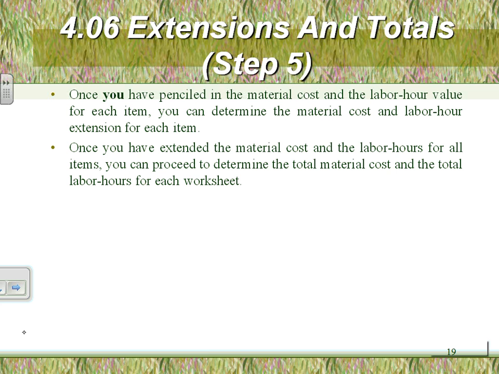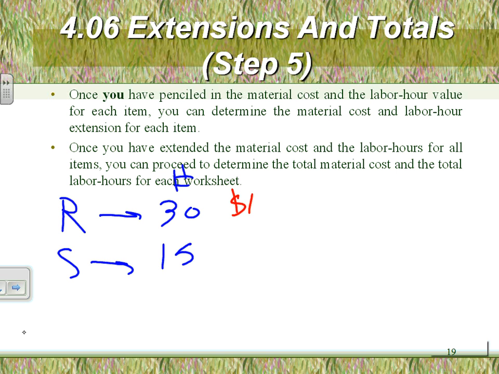So let me give one very simple example. A receptacle and a switch. How many of them do I have? I have 30 of this, 15 of this. That's the number of them. What's the price for each one of them? The price for the receptacle is $1, and for the switch is $2. What's the labor for it?